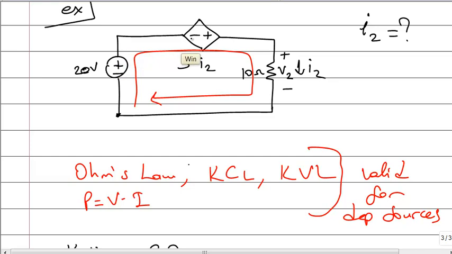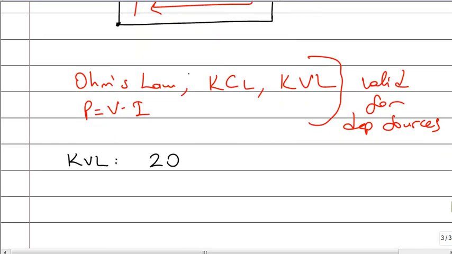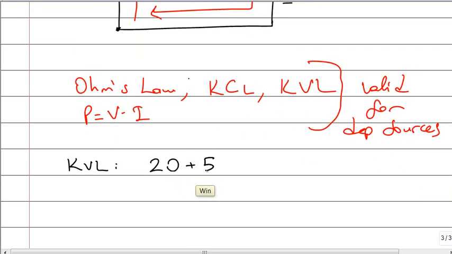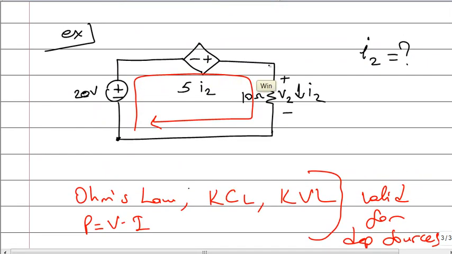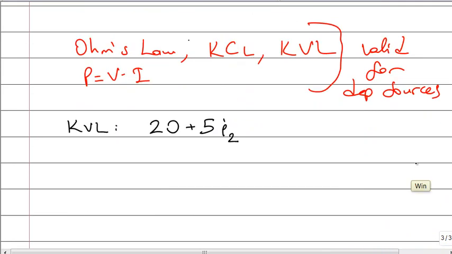From minus to plus, there is a voltage increase, 5I2 plus 5I2. Then continue. There is a plus to minus voltage drop. Minus V2 is equal to 0. There are two unknowns, one equation.